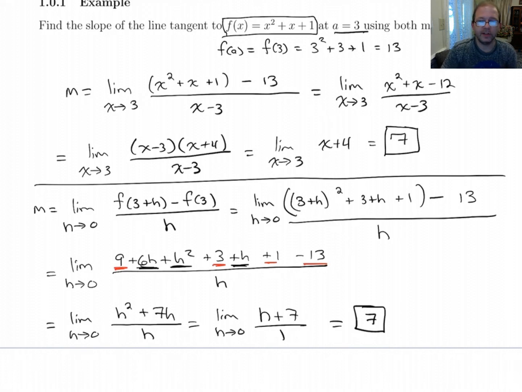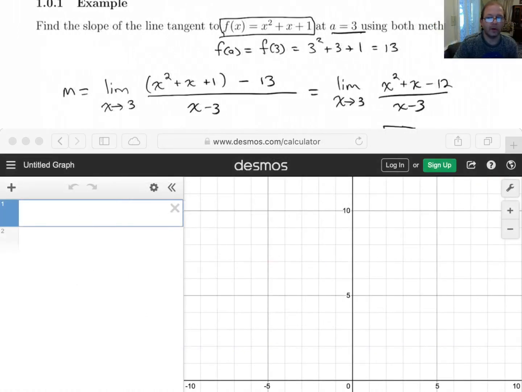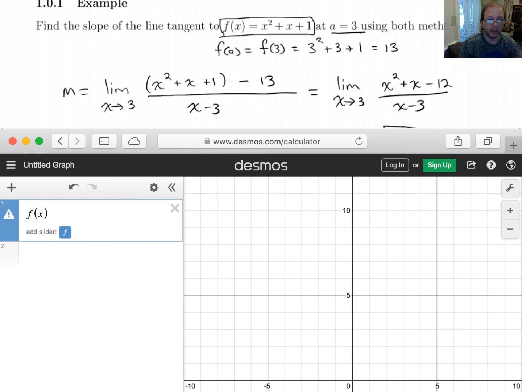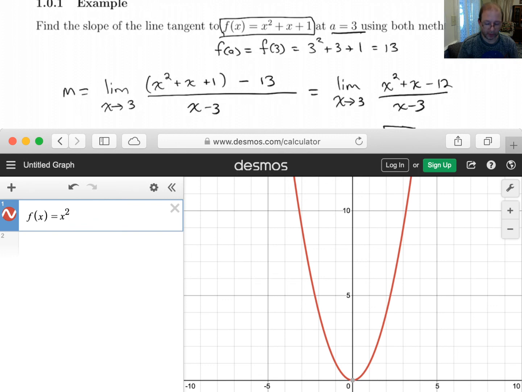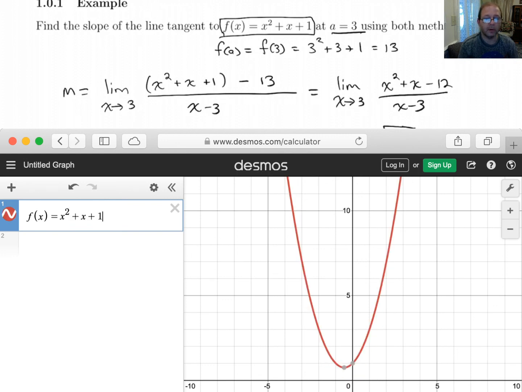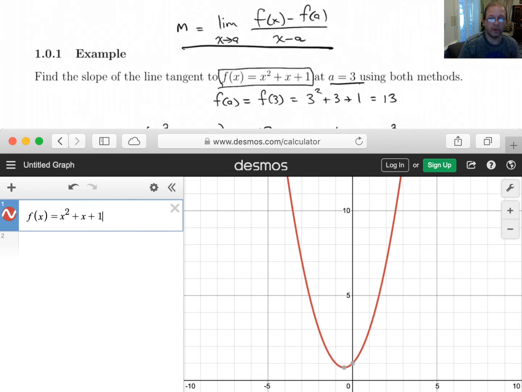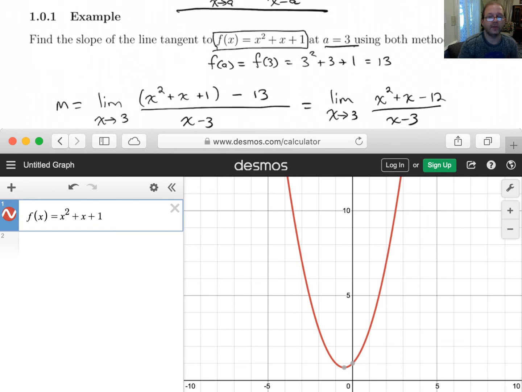And for fun, let's look at it on Desmos. On Desmos, if I put this in, f of x equals x squared plus x plus 1. And then we look at a equals 3.